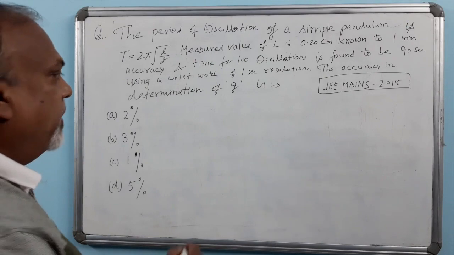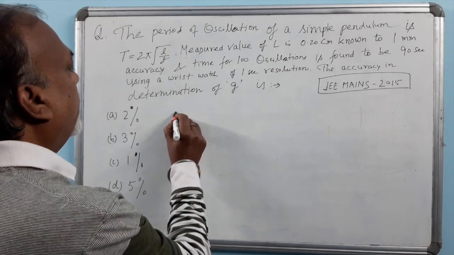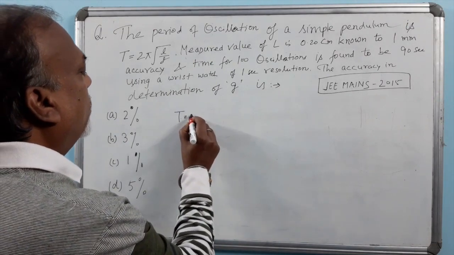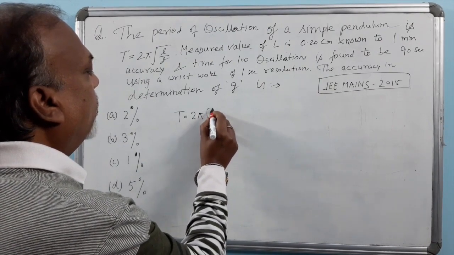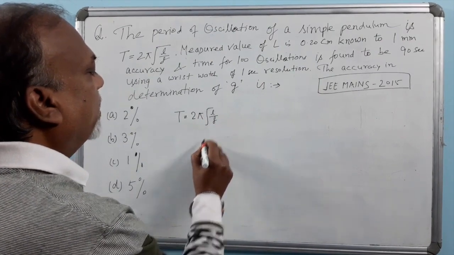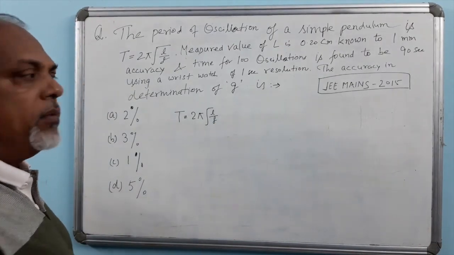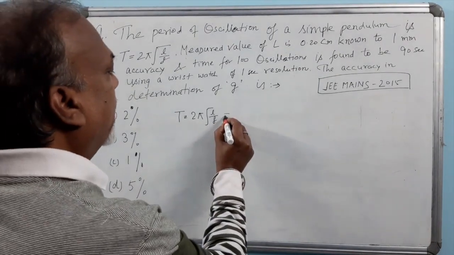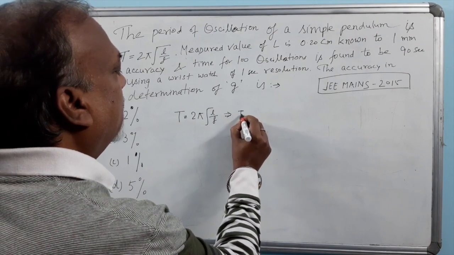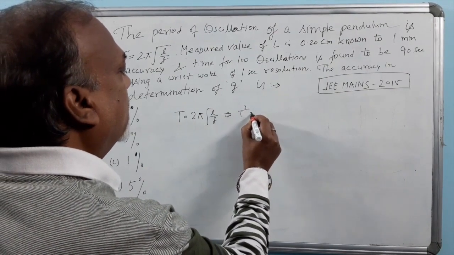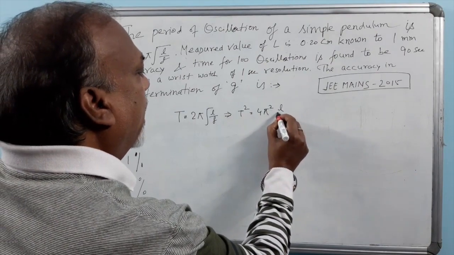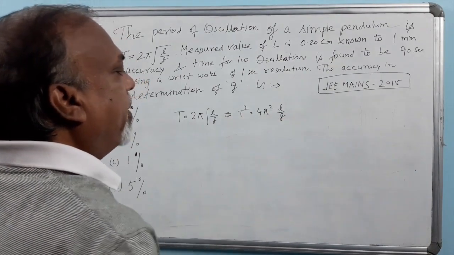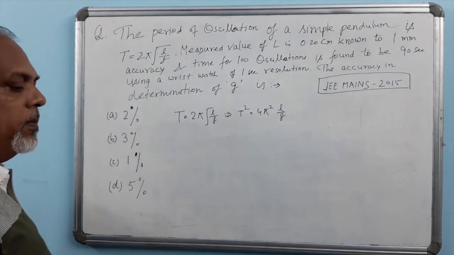So we are given T = 2π√(L/g). This we can write as T² = 4π²L/g. Got it?